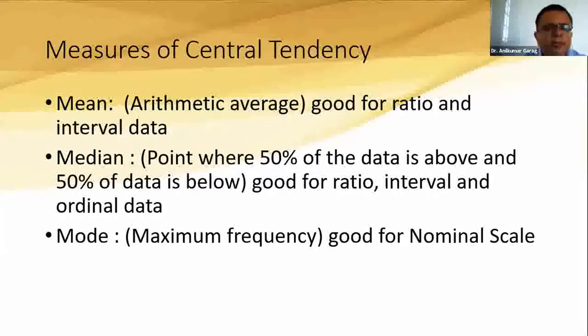When you are using mean, the arithmetic average, it's good for ratio and interval data. It can describe any ratio data and interval data nicely. Median, a point where 50% is above and 50% is below, is also good for ratio, interval and ordinal data. And mode is something which is good for the nominal scale.